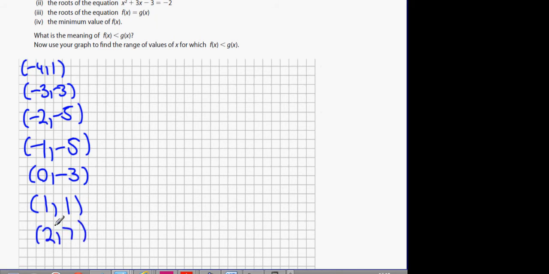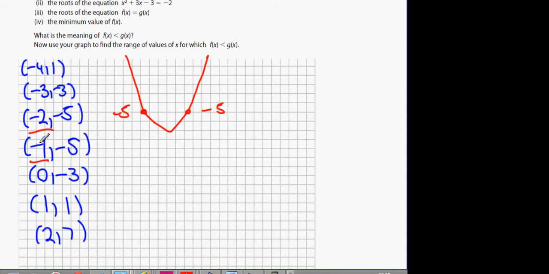Guys, I already know where the minimum point is going to be. How do I know that? What's the lowest value? Minus 5, isn't it? And that's going to be minus 5 on the y-axis, and so is this. Now, what is halfway between the two minus 5s?